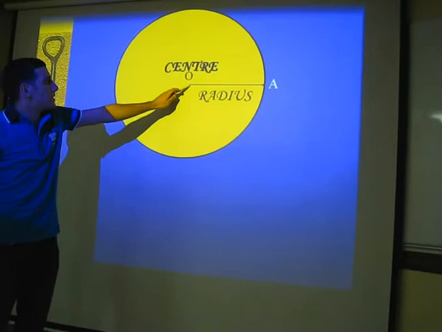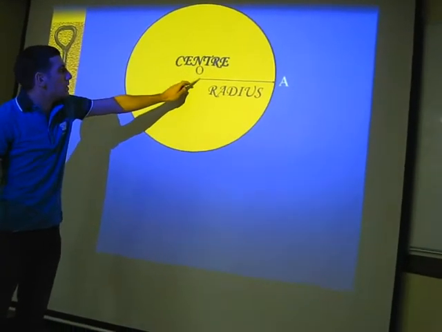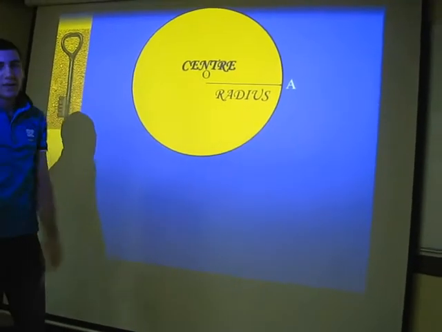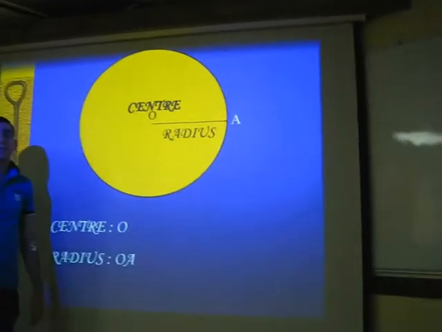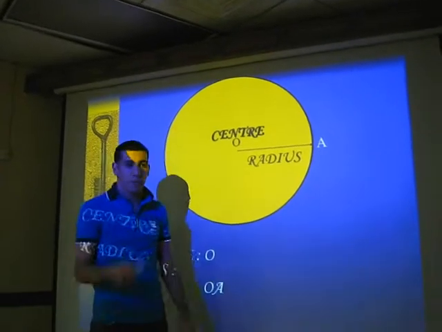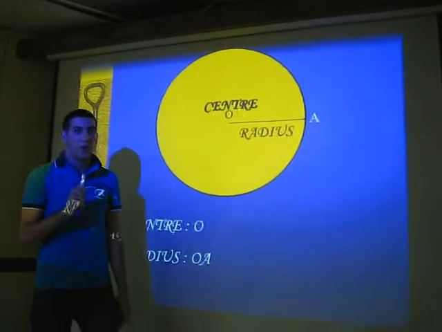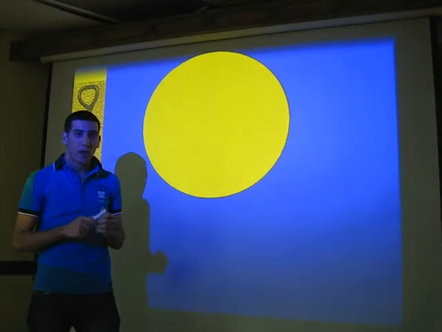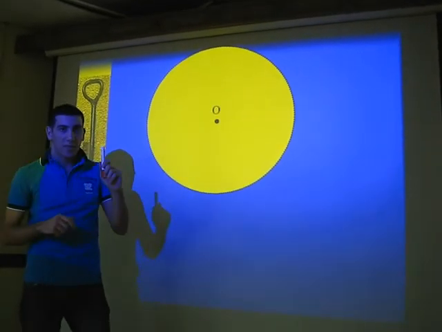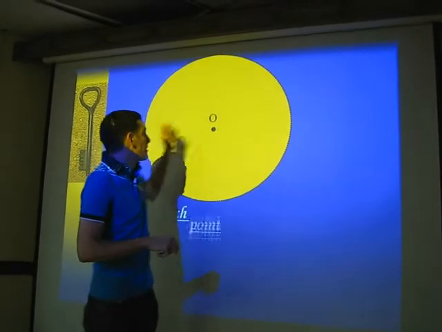If we draw another distance from O to any point on the edge of the circle, we have two radiuses. It's called a diameter. So the diameter is a line segment that passes through two points on the circle.